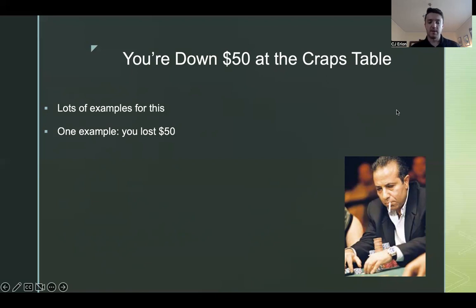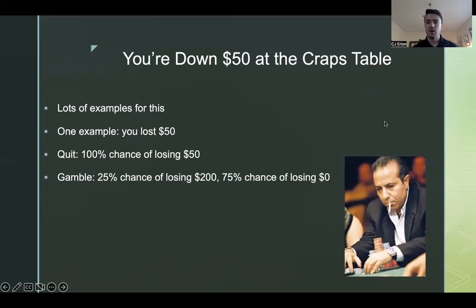But with this craps example, you're down $50. You have two options here, right? You can either quit, and obviously, then at that point, there's a 100% chance of losing that $50. Or you can gamble, and let's say, just for the sake of this scenario, that there would be a 25% chance of losing $200 or a 75% chance of losing $0, getting that $50 back.